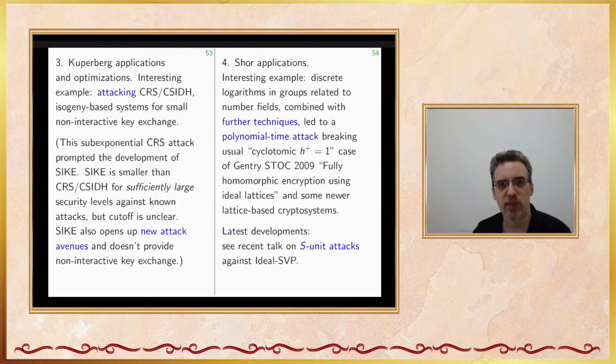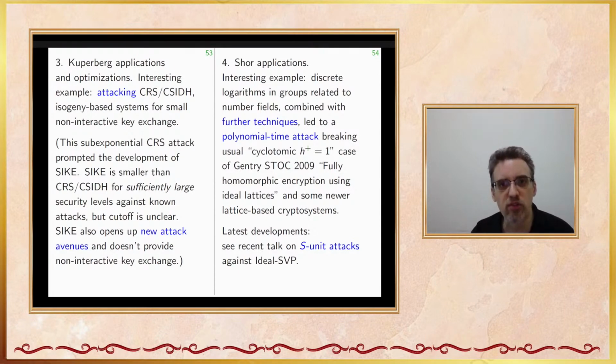Okay, Shor applications. This is something where what I find by far the most interesting about this, beyond the RSA and discrete log application, is that there's certain kinds of groups related to algebraic number fields, unit groups, class groups, and so on. And in these groups, you can use Shor, a continuous version of Shor, to compute discrete logs.